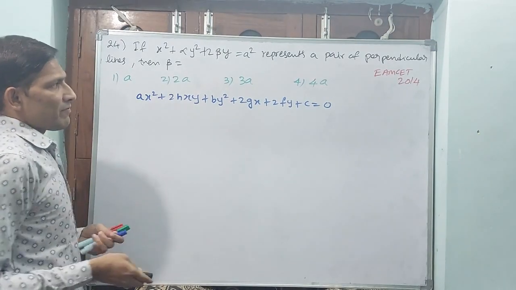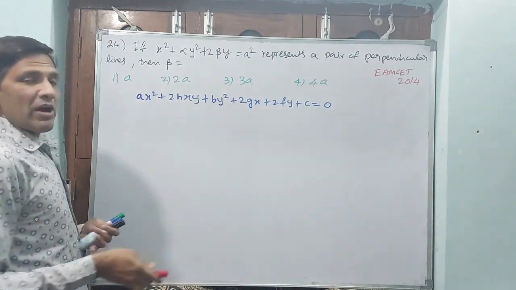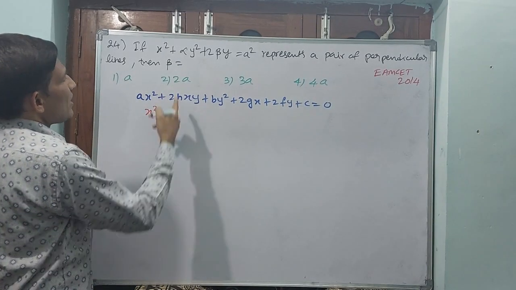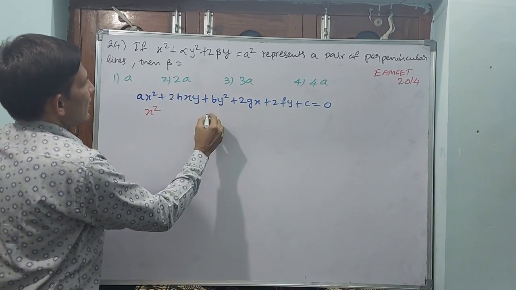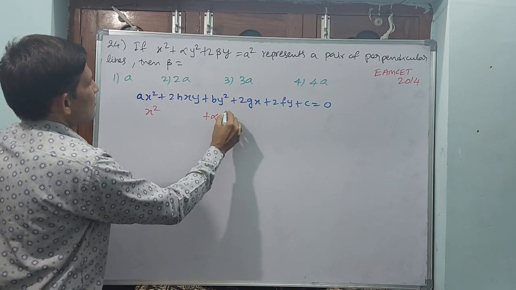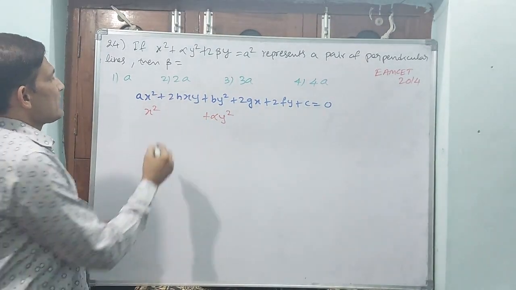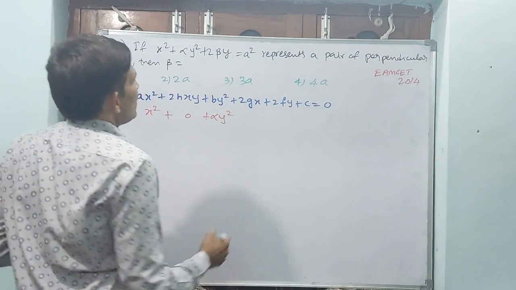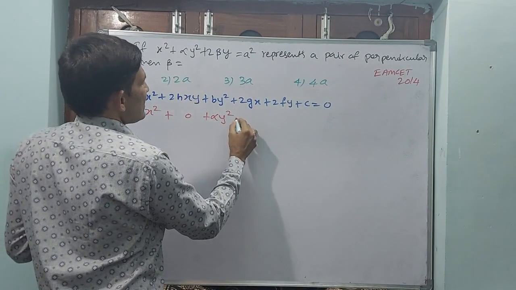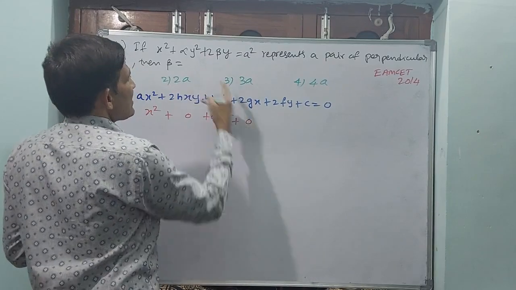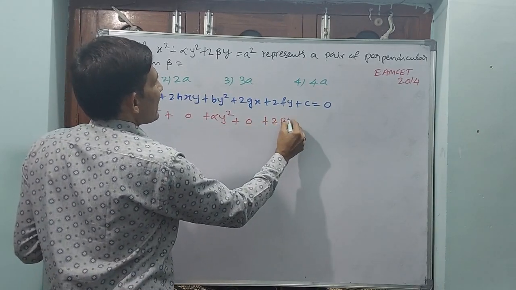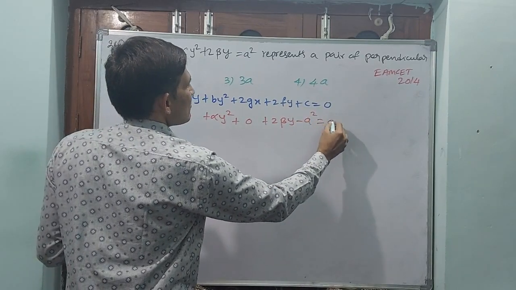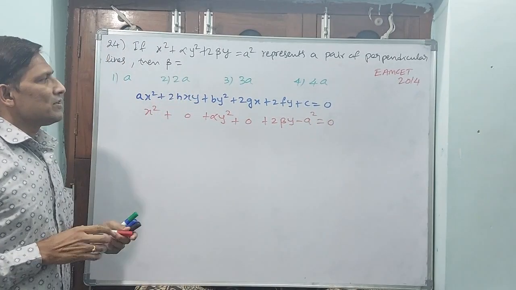In this form, x square, alpha y square. hxy is not there, so that is 0. gx is not there, so that is 0. fy is there, 2 beta y. And c is there, a square sent to this side becomes minus a square.